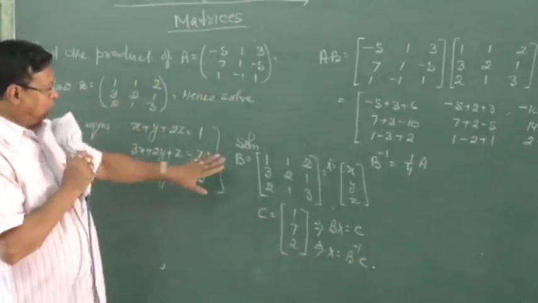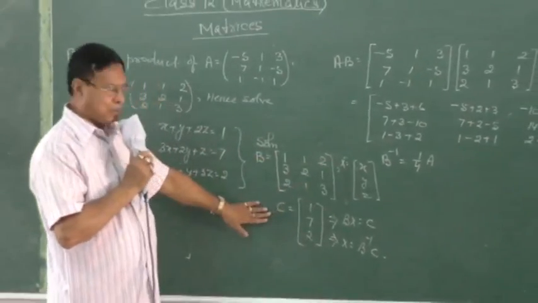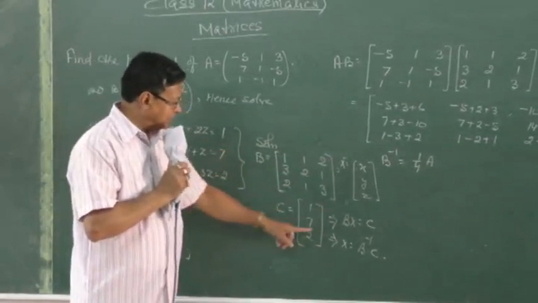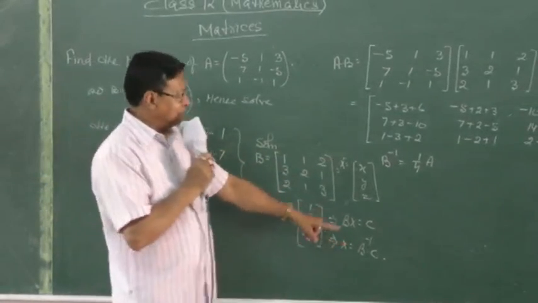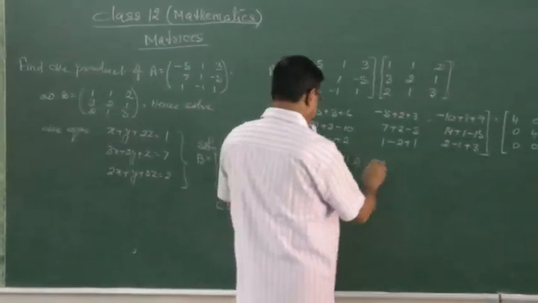So solving, we write the coefficient matrix, we write the matrix X, and we write the constants. So B into X is equal to C, X is equal to B inverse C. Now B inverse is what? 1 by 4A. So B inverse C.